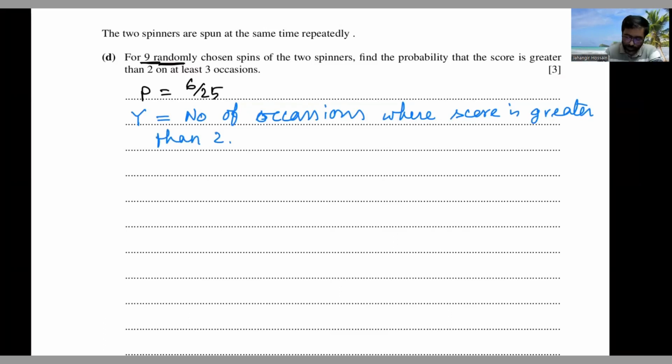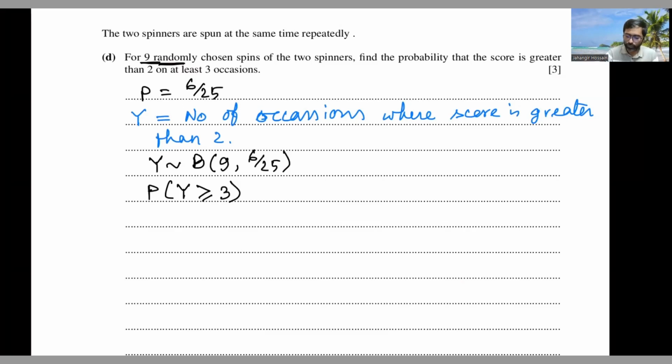So it follows a binomial distribution. It's binomial distribution, not geometric. So n is 9, probability is 6 by 25. Now, I have to find where the number of occasions is at least 3, where the score is greater than 2, at least 3.